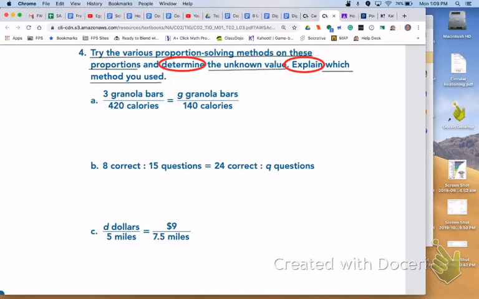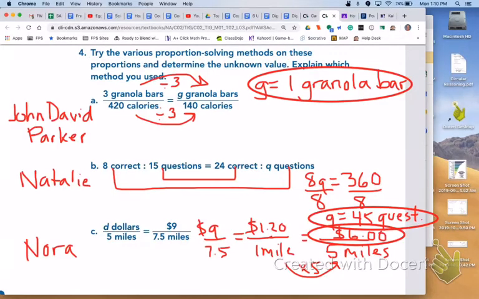Please turn to page 76 and answer number 4, letters A, B, and C with your group. For number 4, letter A, I am going to use John David and Parker's method of scaling down in order to determine the number of granola bars. G is going to equal 1 granola bar.